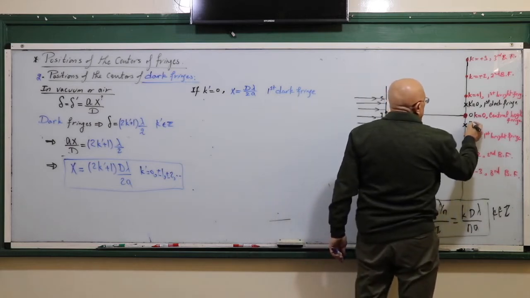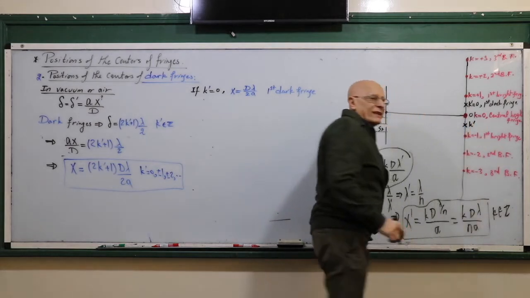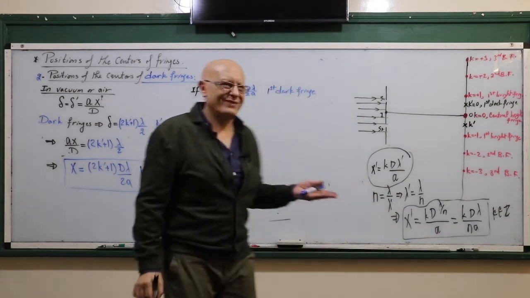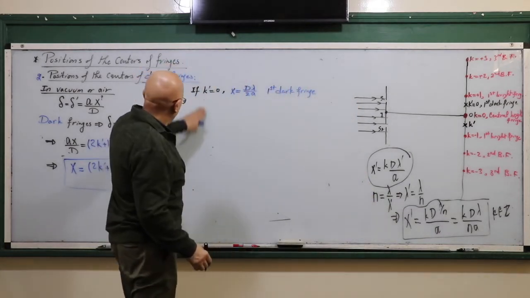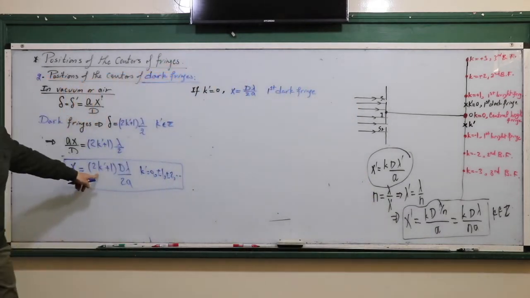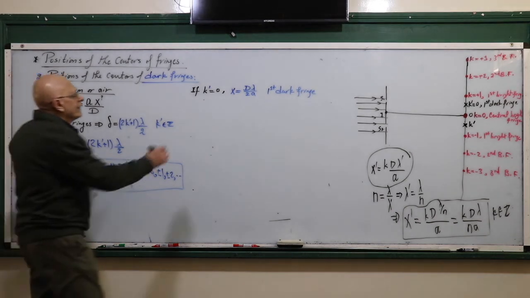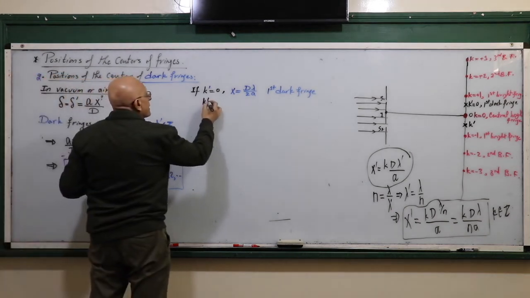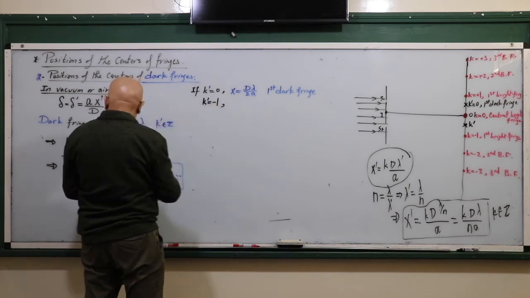But what is its order? Let's see. If I put K prime equal to minus 1, what do you get?